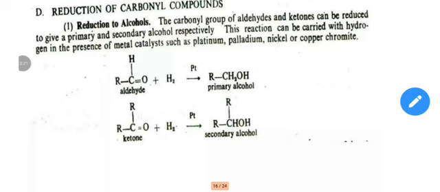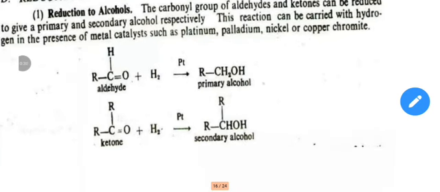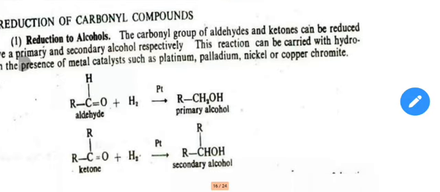Aldehyde RCHO, ketone RCOR, plus hydrogen in the presence of a palladium or platinum catalyst forms alcohol. Aldehyde gives us primary alcohol, and the ketone gives us secondary alcohol.